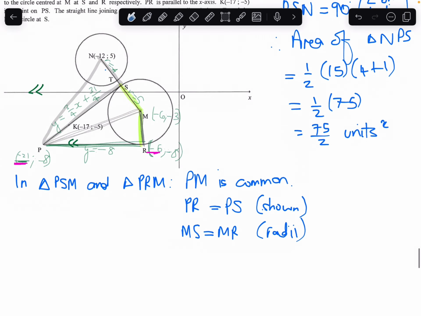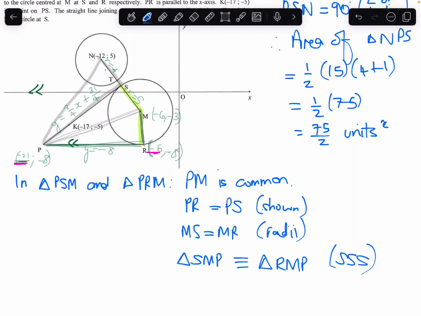Okay, and so therefore, now we need to get the order of the letters right. So these are 90, so S and R are equal. And then these will be equal, so that will be M, and then lastly these two will be equal, so that will be P. And that is side.